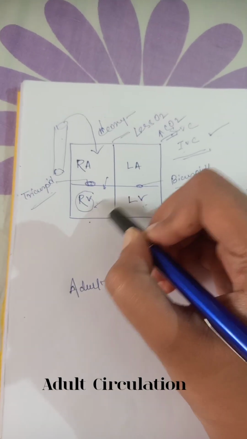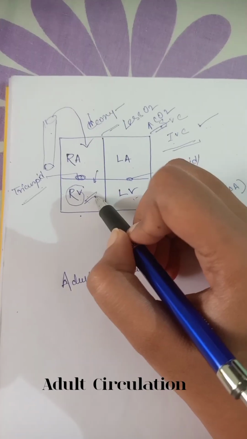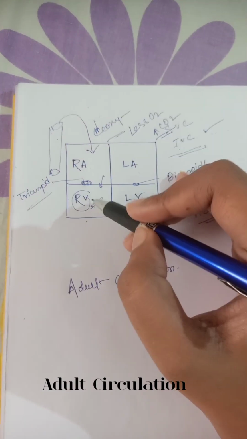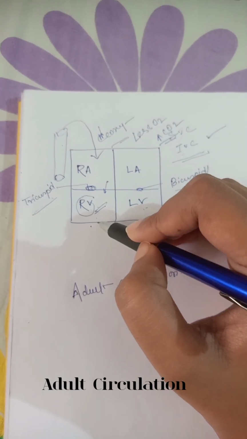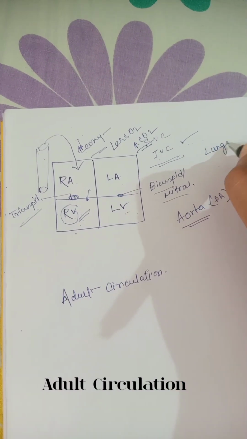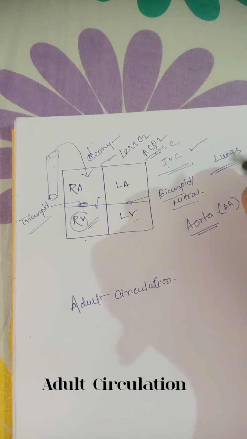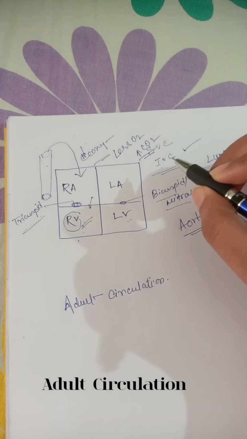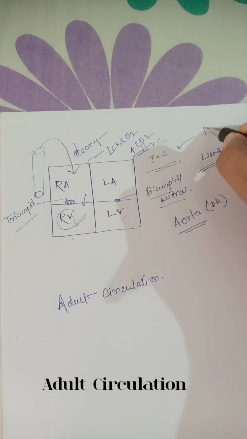After that, the deoxygenated blood that is present in the right ventricle comes to the lungs via the pulmonary artery.